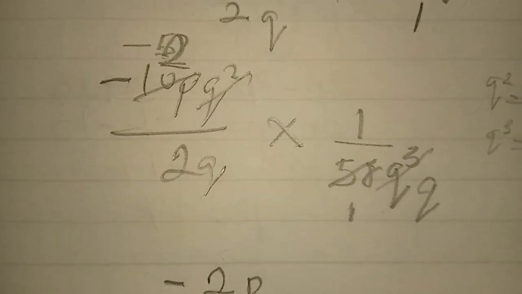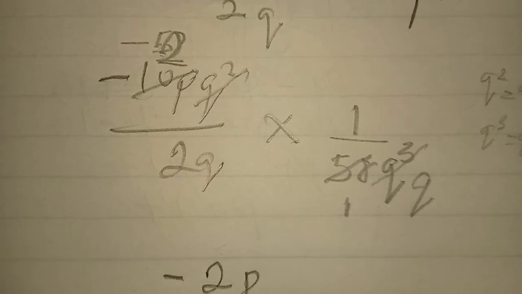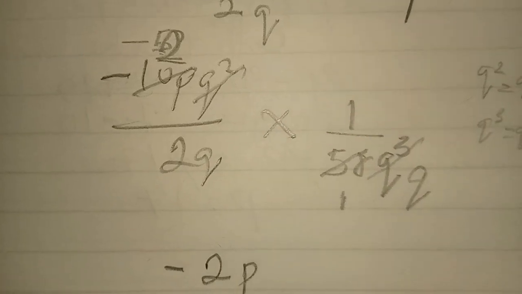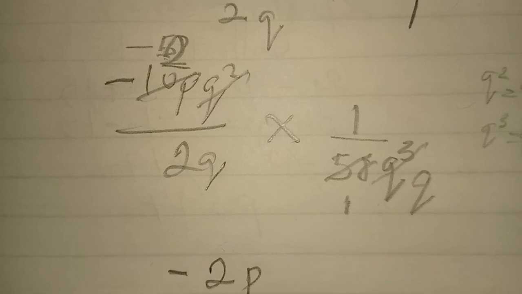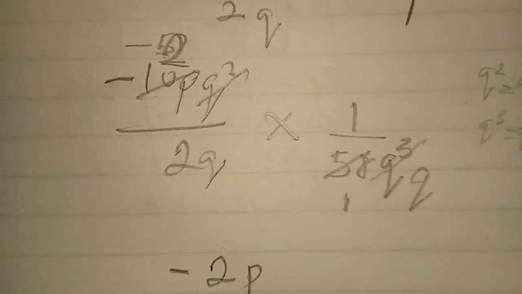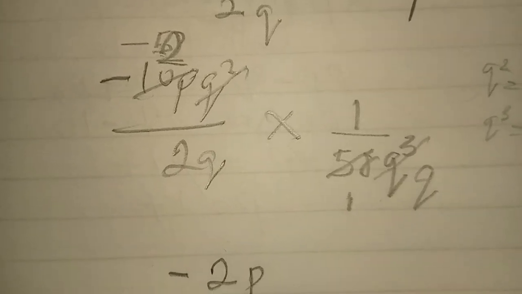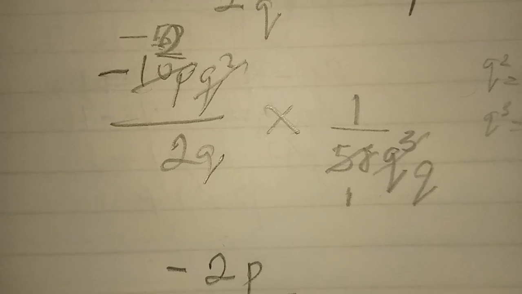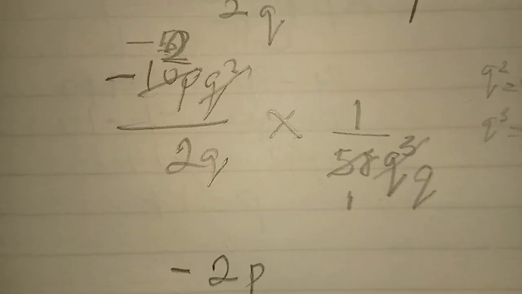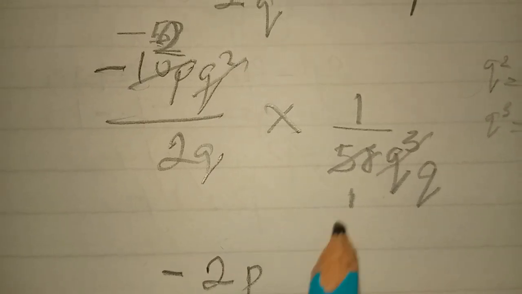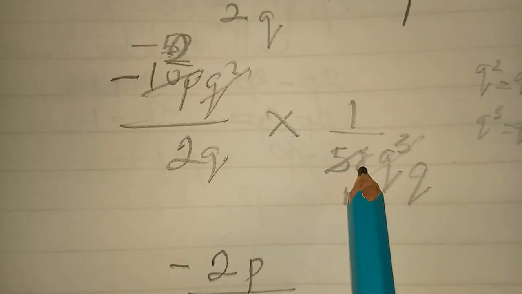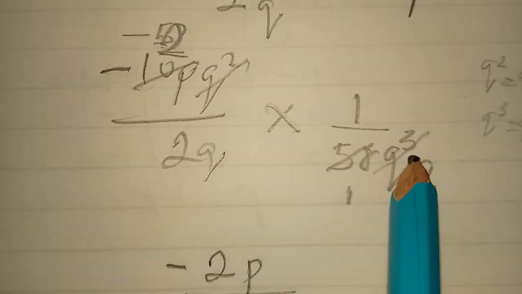over, what do we have at the denominator? 2rq squared, because we still have r here. So 2rq squared.